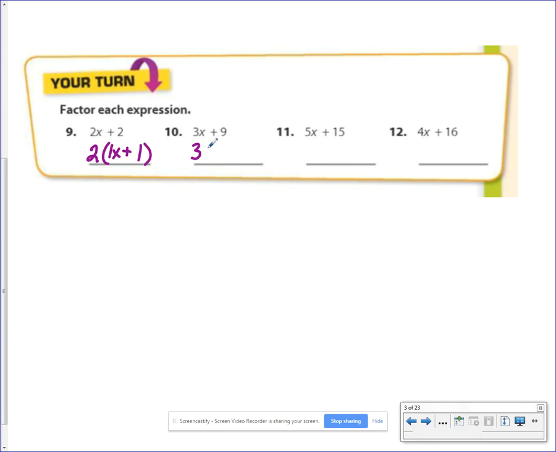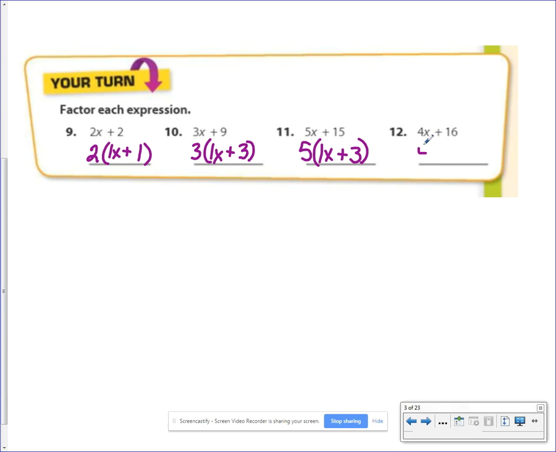They have a common factor of 3. When you factor that out of 3x, you're left with 1x. When you factor a 3 away from the 9, you have 3. Double check by distributing. 5 and 15 share a common factor of 5. And when I factor that out, I'm left with a 1x and 3.